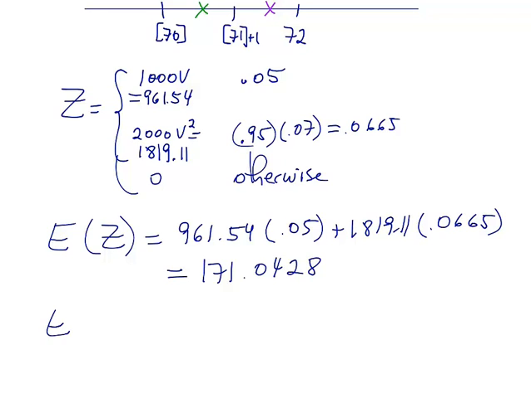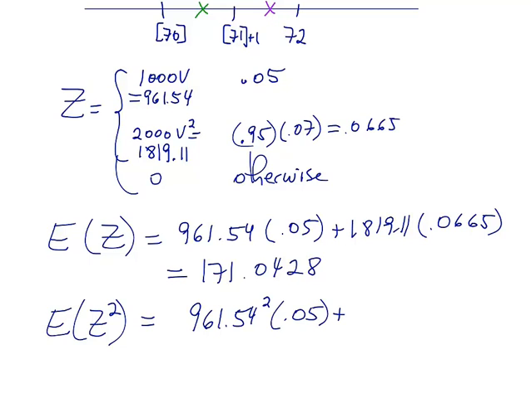And now, since we want the variance, we need the expected value of Z squared as well. So that's going to be 961.54 squared times 0.05 plus 1,819.11 squared times 0.0665. You work that out, and it's 273,605.